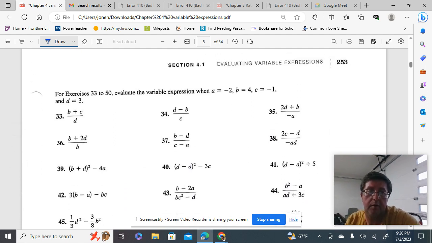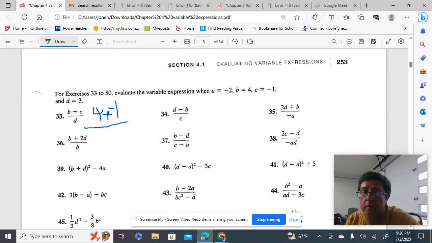We get down to these, you're just plugging in the numbers again. B plus C over D. What's B? B is 4, C is -1. So B is 4 plus -1. You could do 4 minus 1, but I'd prefer you enter things correctly into your calculator.